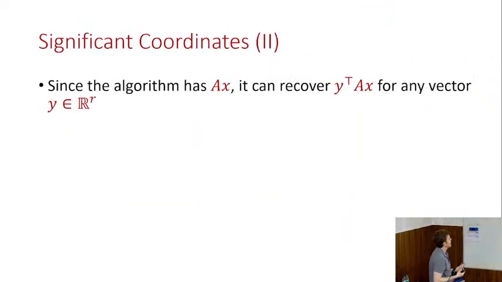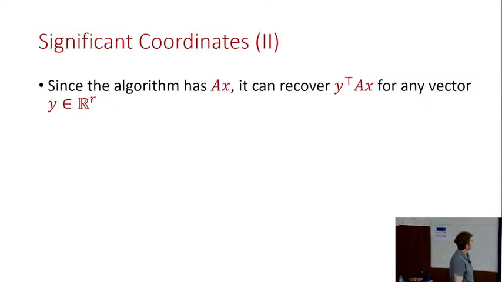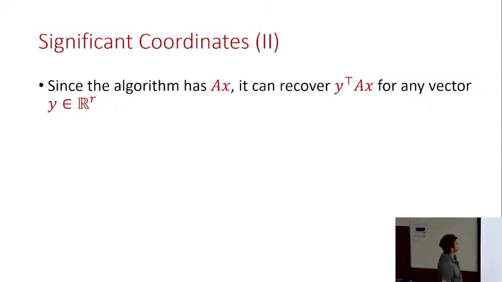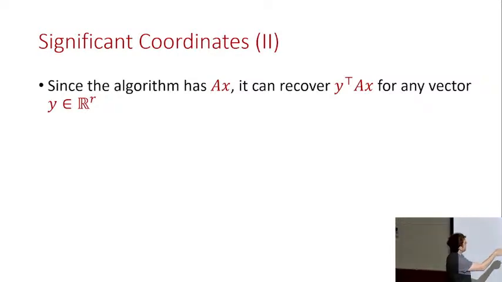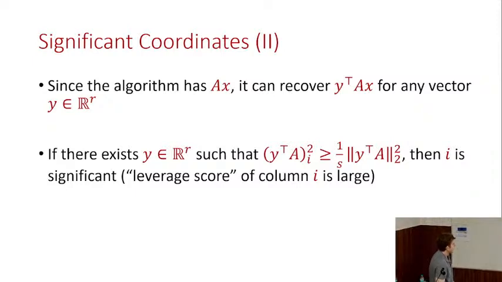And how do we formalize that? Well, the algorithm gets to sketch A times x, so in its post-processing it can recover the dot product of Ax with any vector y of its choice, that is, y transpose Ax. What we're going to say regarding the definition of significance is the following.